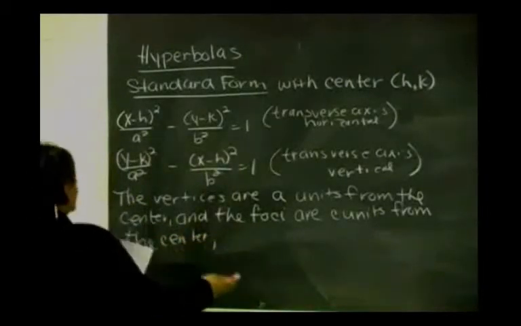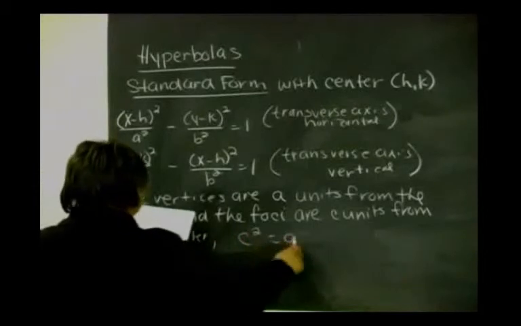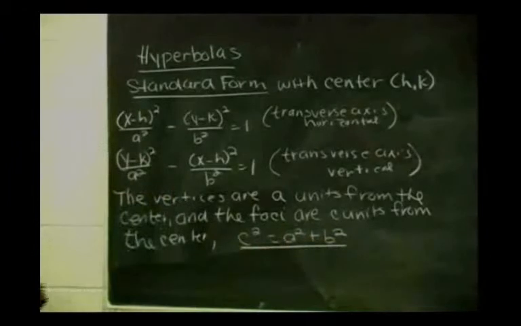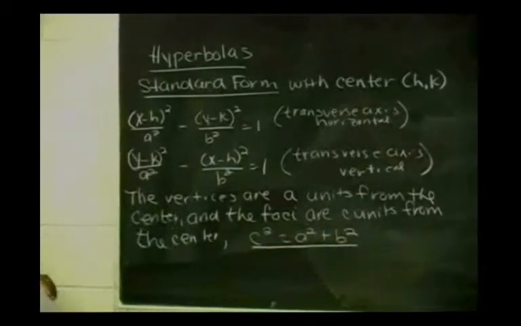And we now have the relationship that c squared is a squared plus b squared. Different from the ellipse. That's a different equation from the ellipse.